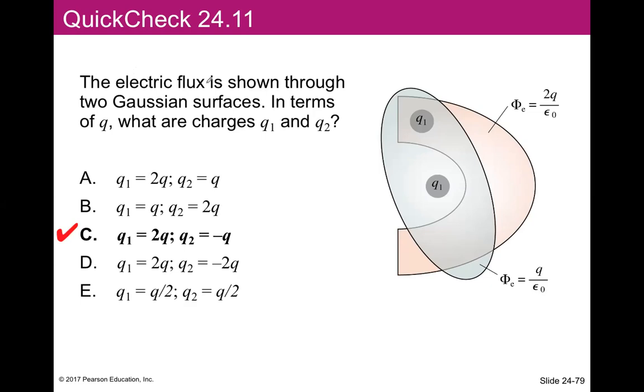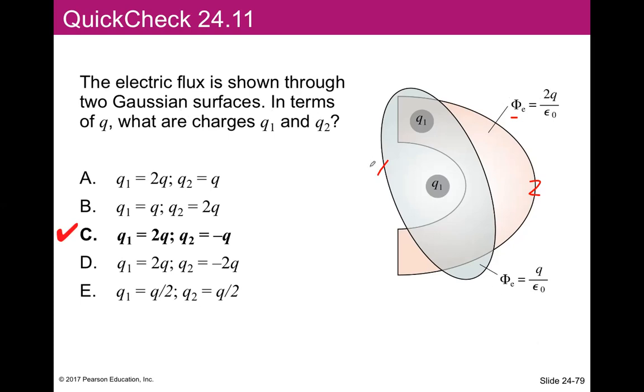So now the flux is shown in, let's say, surface 1 and surface 2. For surface 2, it gets 2q over epsilon 0.